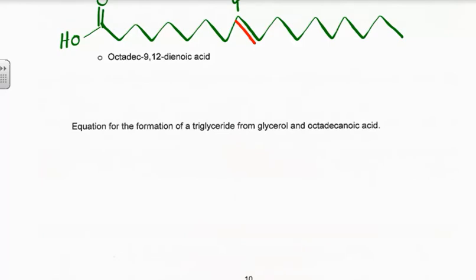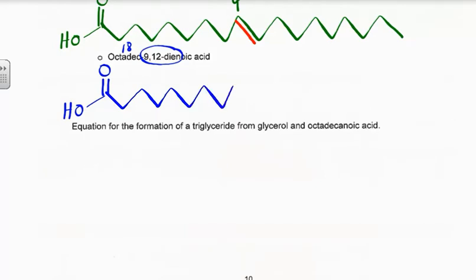What's going on in this final example? Well, it's a diene, so we have 2 double bonds on the 9th and the 12th carbon, so you just need to be careful with your counting here. 18 again, that's number 1, 2, 3, 4, 5, 6, 7, 8, 9.